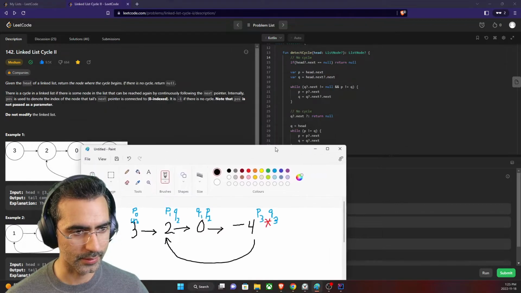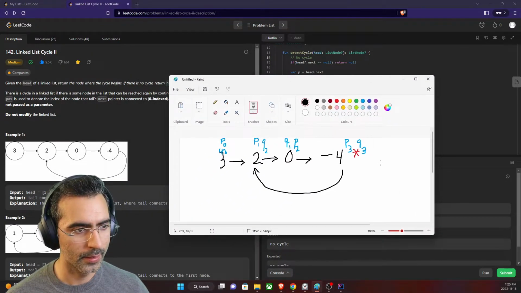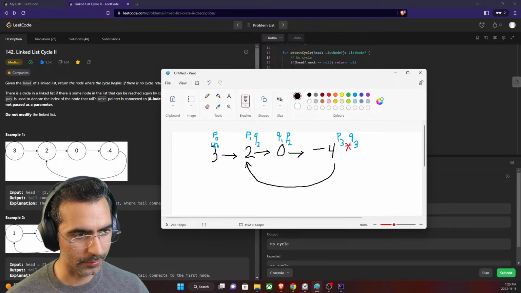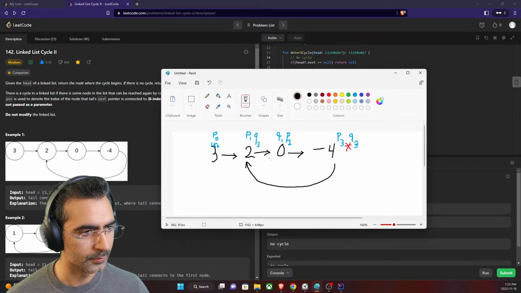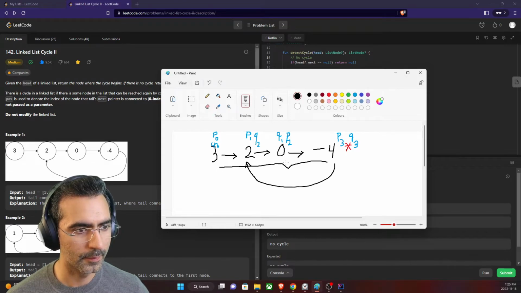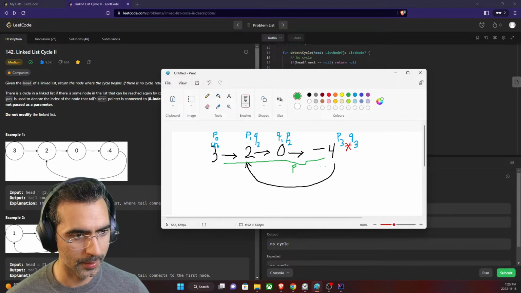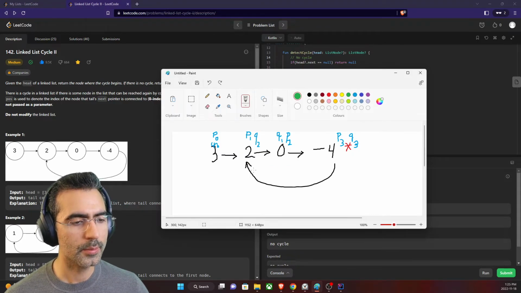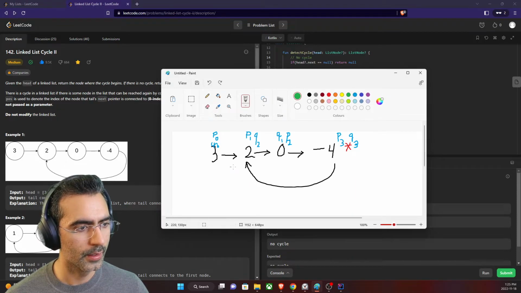So what's the logic behind using this formula, this approach? If you pay attention, what's the idea behind this approach?